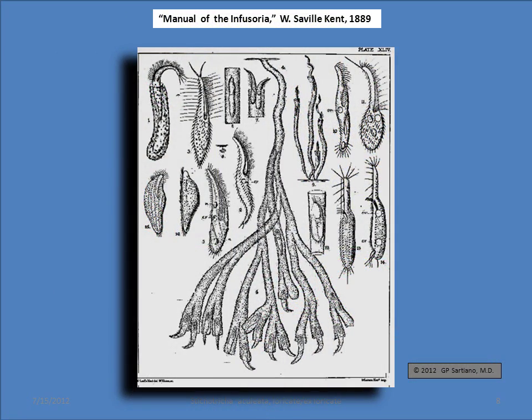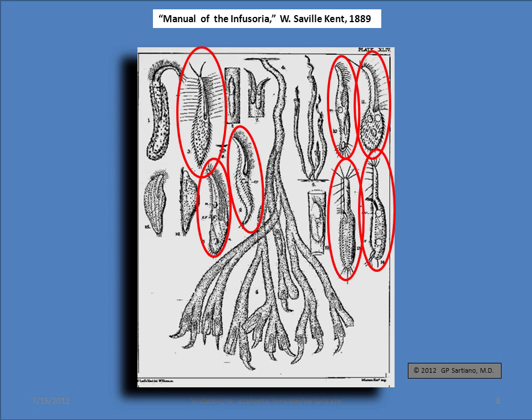This multidiagrammatic plate from Saville Kent's Manual of the Infusoria from 1889 shows a number of the observed forms of Stichotricha. It illustrates a number of examples of different species of Stichotricha not sheathed within a lorica.